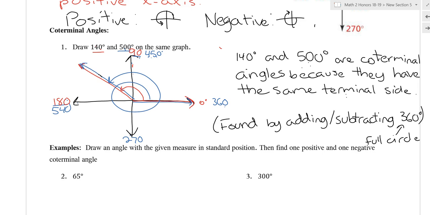Okay, so found by adding or subtracting 360, which is just a full circle. And I can do that. I could find more if I add 360 again, right? That's 860. I could also subtract it and find a negative. That would still be the same place. So I could add it an infinite number of times and find an infinite number of coterminal angles.